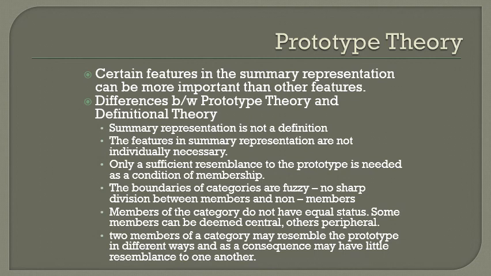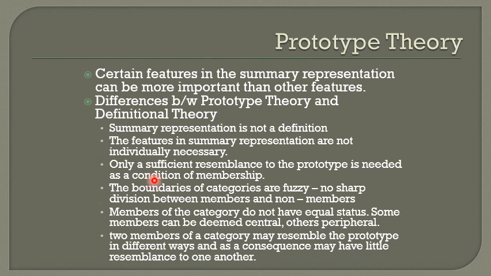Only a sufficient resemblance to the prototype is needed as a condition of membership. So it is only necessary that there should be a sufficient resemblance, right? The new concept that we are trying to categorize is evaluated based on its resemblance to the summary representation. Now the next point of comparison between definitional theory and prototype theory is that the boundaries of categories are fuzzy.